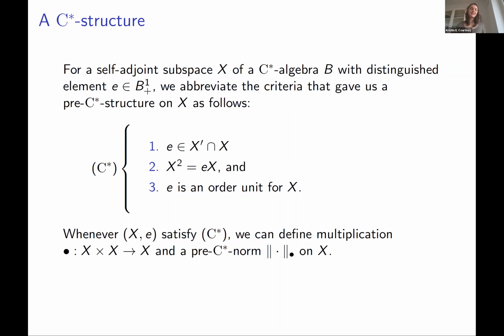That means that when X and E satisfy (C-star), we can define multiplication on X and a pre-C-star norm on X, meaning exactly that if I complete X, when I'm thinking of it as having this bullet multiplication, I get a C-star algebra, which I will call X bullet, just to distinguish when I'm assuming it's got this multiplicative structure and when I'm assuming it's just a subspace of B.